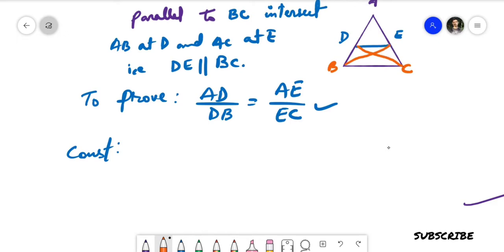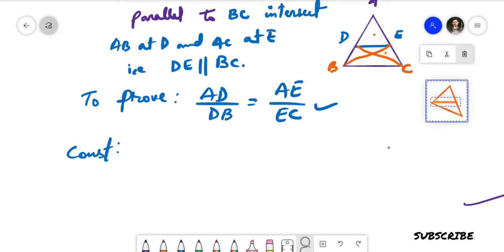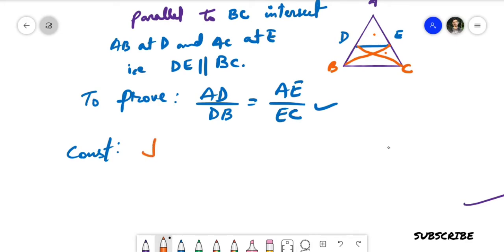So we can see there are two triangles, yes or no? On this side and this side. Okay? I hope you have understood that. So I'm talking about that triangle. So we can say construction, joining BE and CD. Okay.